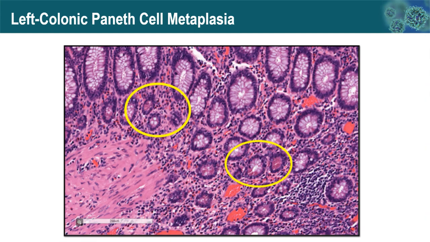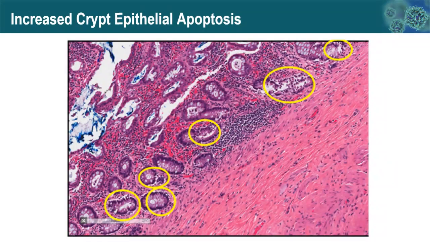In the left colon, sometimes we observe colonic Paneth cell metaplasia in patients who have recurrent immune checkpoint mediated colitis. The unique feature, however, as I described earlier, is the presence of numerous crypt epithelial apoptoses, even in patients who have an idiopathic inflammatory bowel disease-like pattern of injury.